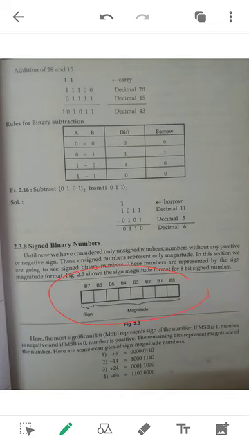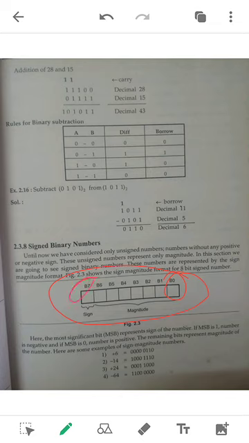So here refer to this figure. The figure is for 8-bit. We are considering an 8-bit binary number. Okay, so 8-bit means we have 8 bits shown from B0, meaning bit 0, to B7.